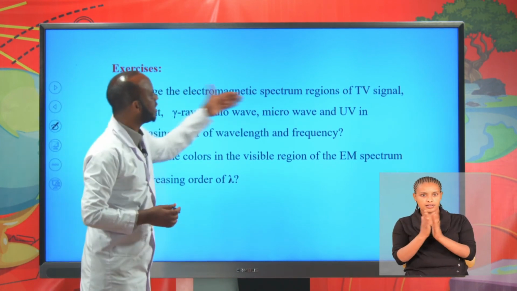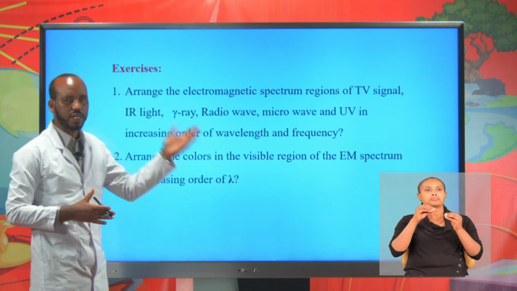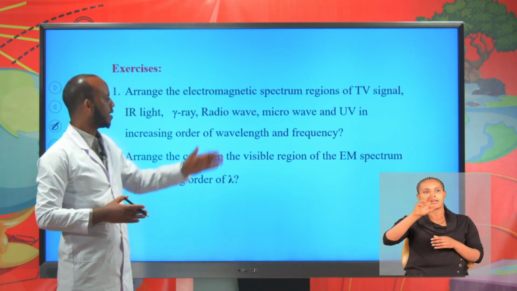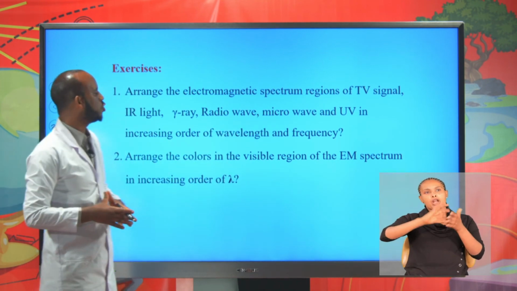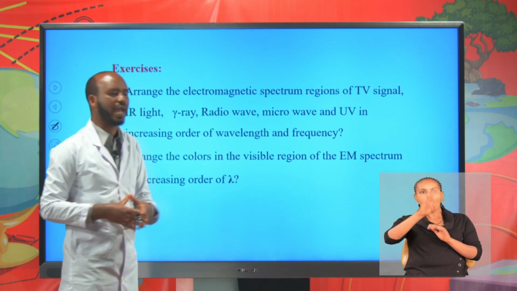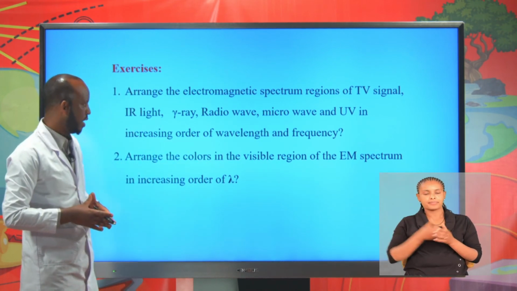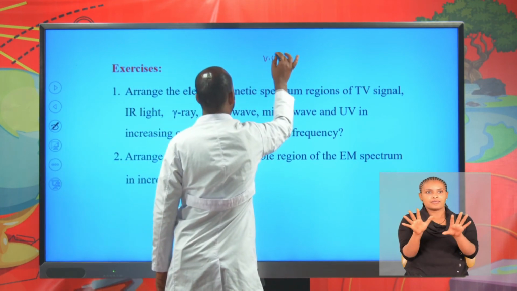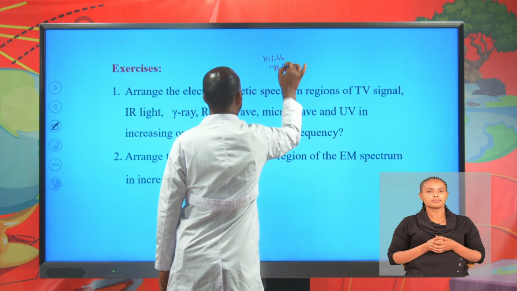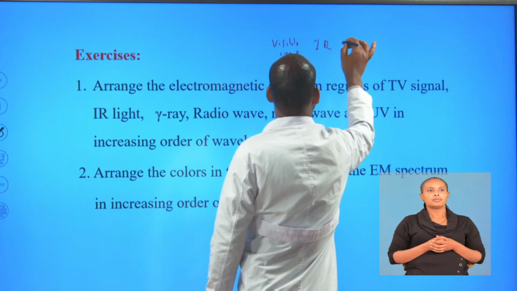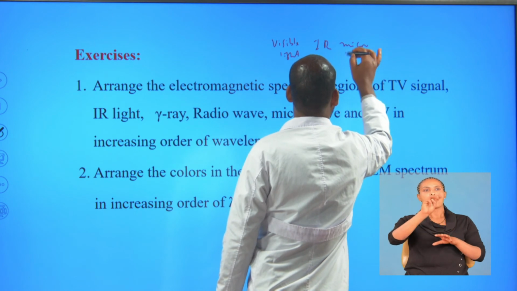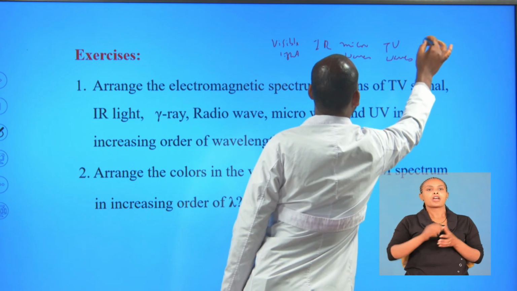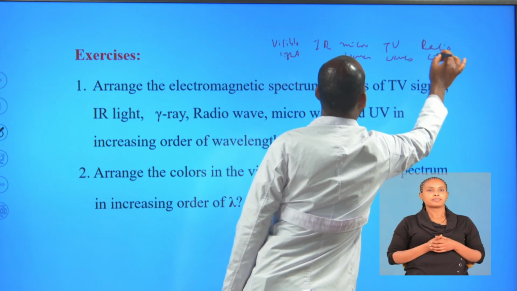Arrange the electromagnetic spectrum regions of TV signal, infrared light, gamma ray, radio wave, microwave, and UV wave in increasing order of wavelengths and frequency. As we said, visible light, infrared, microwaves, TV waves, radio waves.